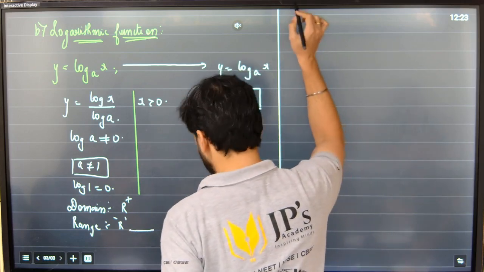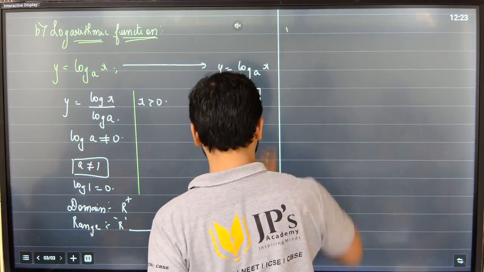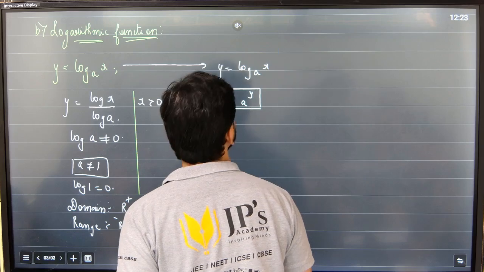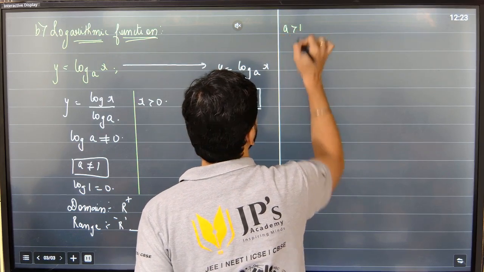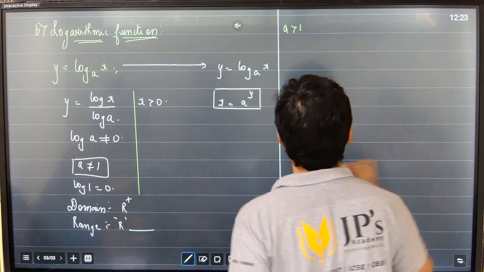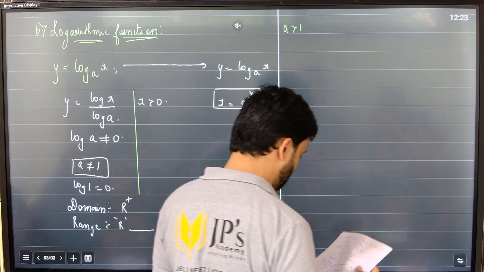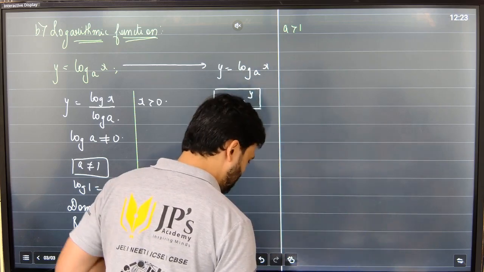Now सबसे पहले हम लोग लेंगे a is greater than 1, and second part is a when it will be between 0 and 1, same like exponential case. So a is greater than 1 ले लिया.